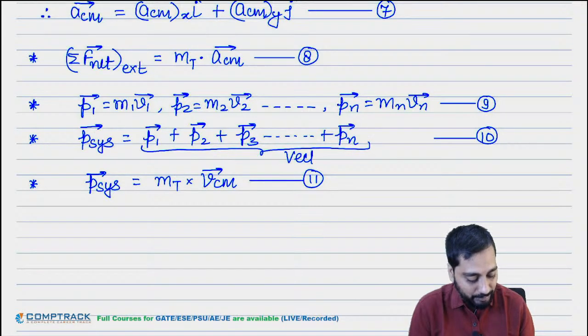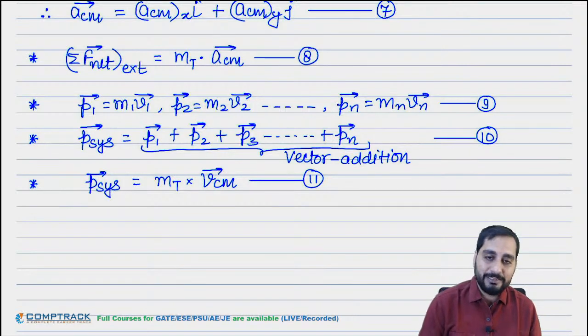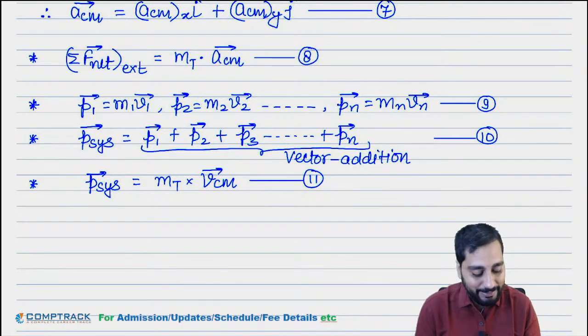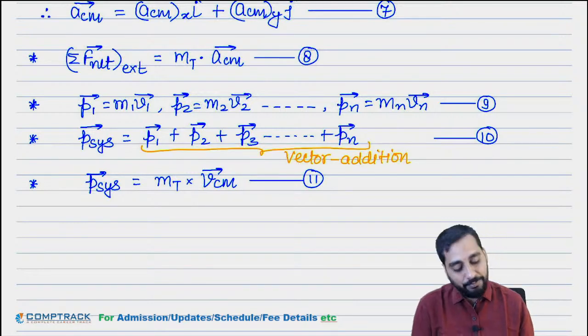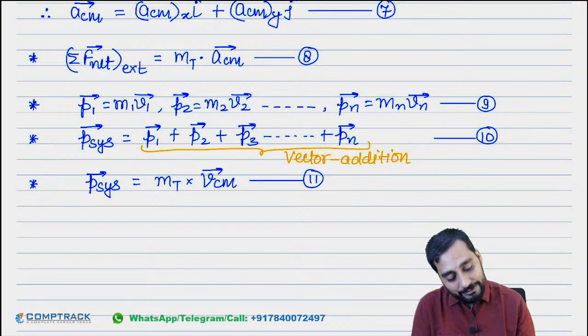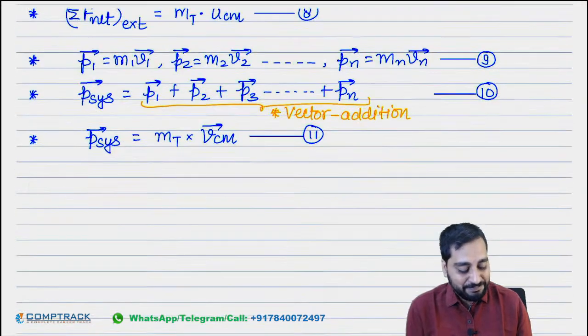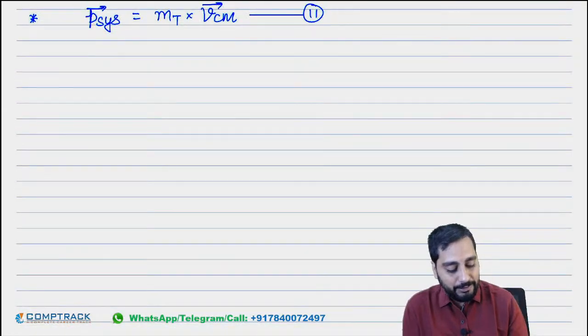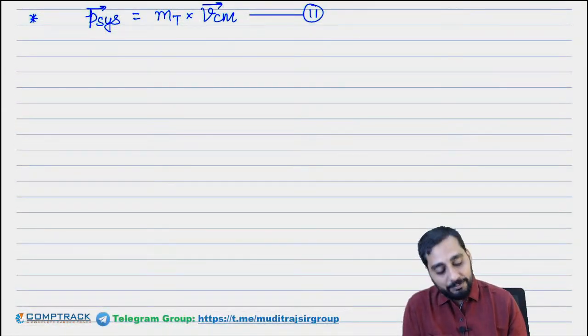This is vector addition, because all are vectors. So net resultant will be found by vector addition, not by direct addition. Clear?